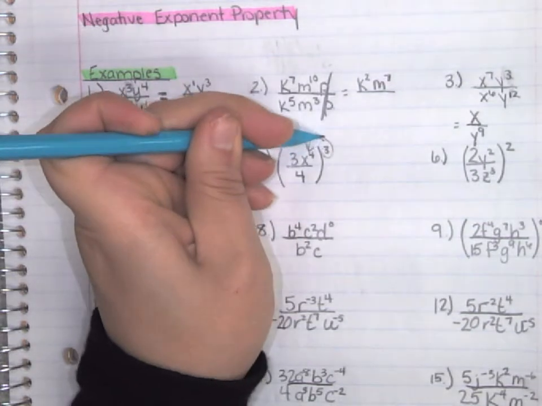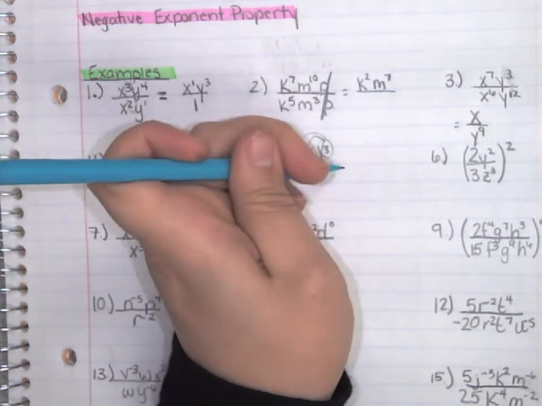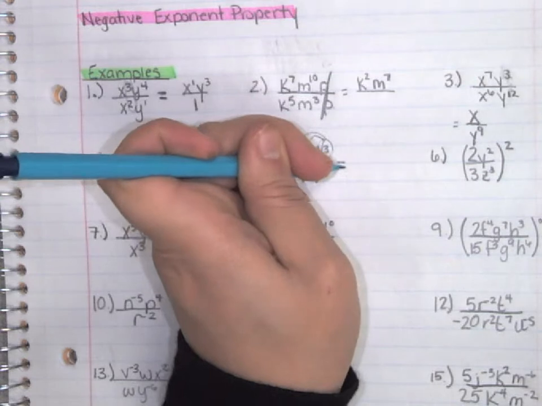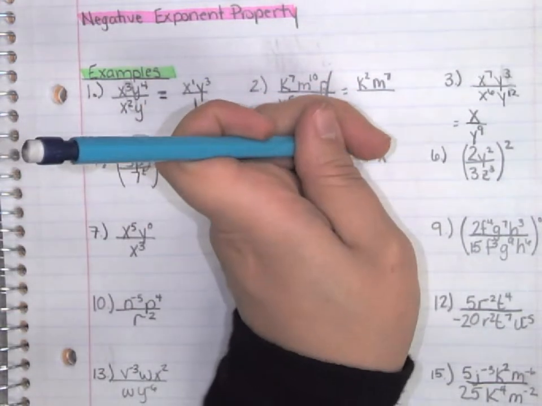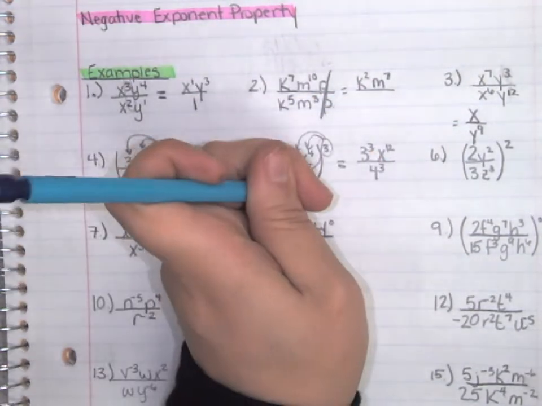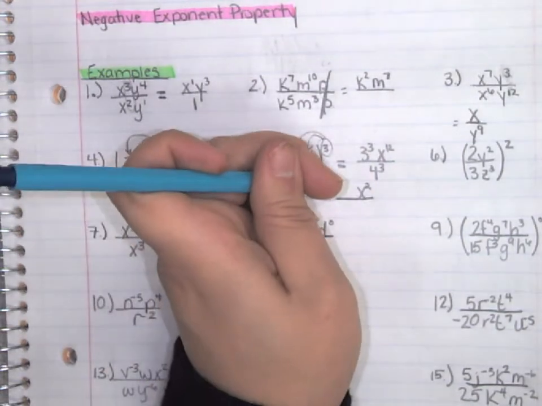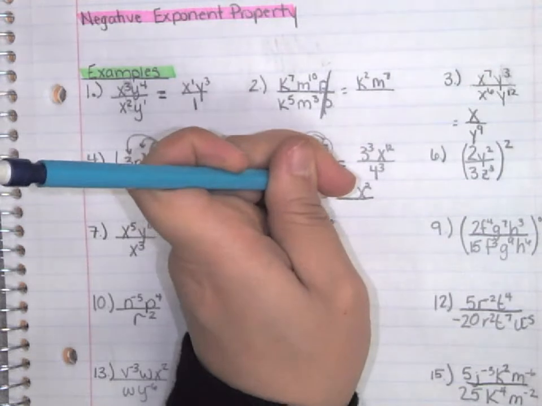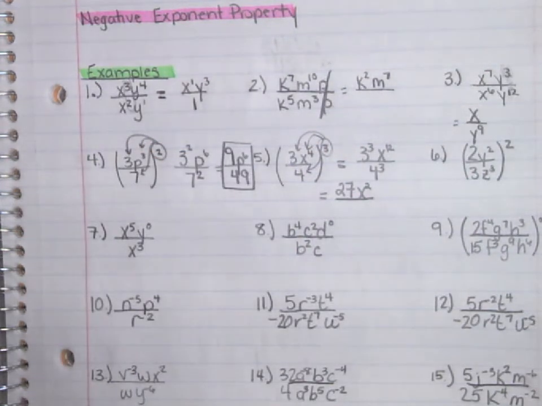We're going to distribute. I think it's 64. Right? Okay.